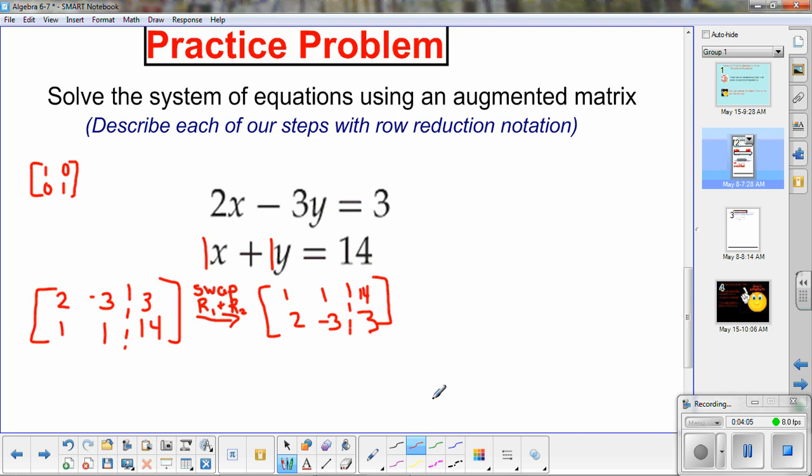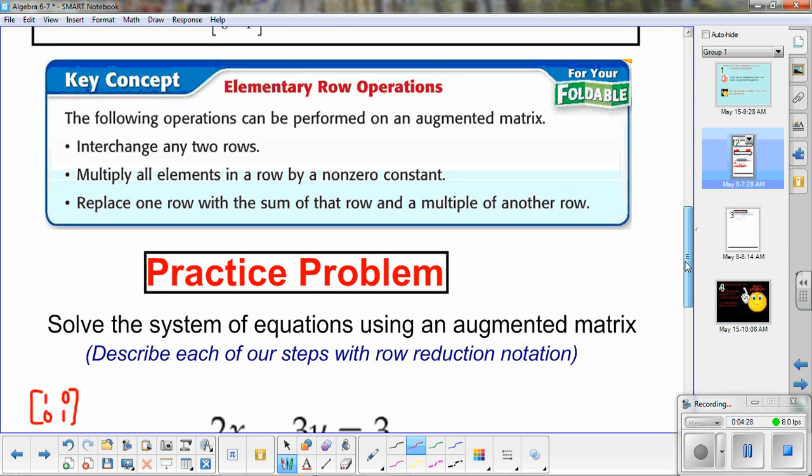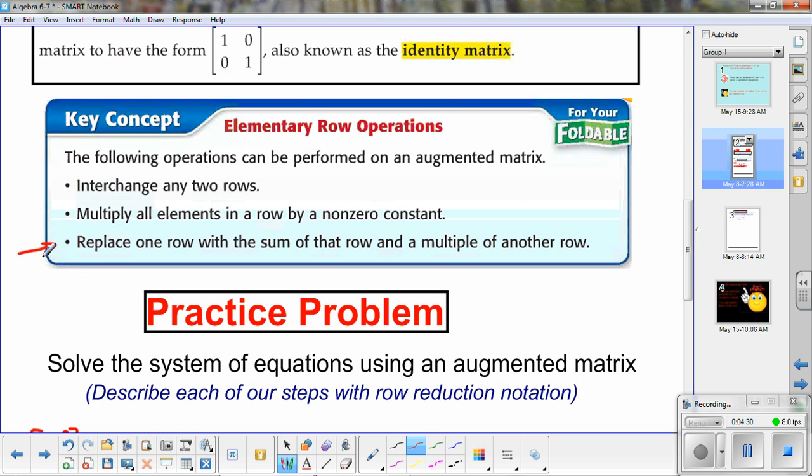All right, the next thing we're going to do is try to get this to be a 0. I'm going to get this to be 0 right here by multiplying this top row by -2 and then adding it to the bottom row. That's that third elementary row operation, this one right here that I said is a little bit tricky.